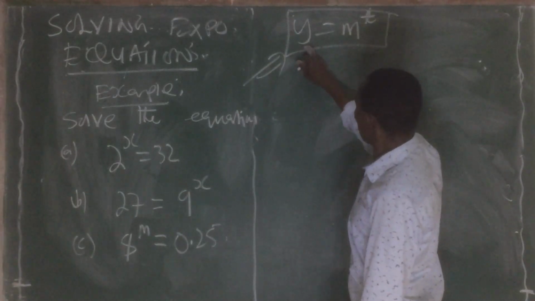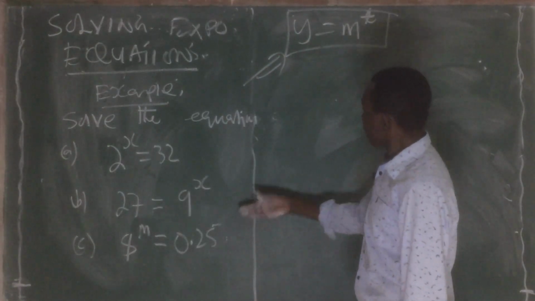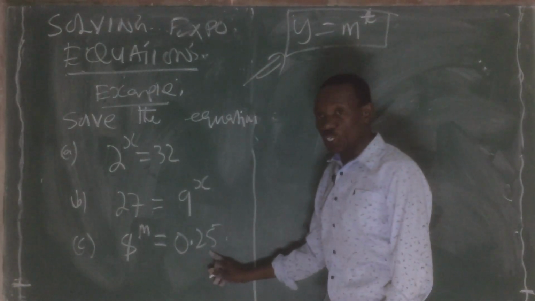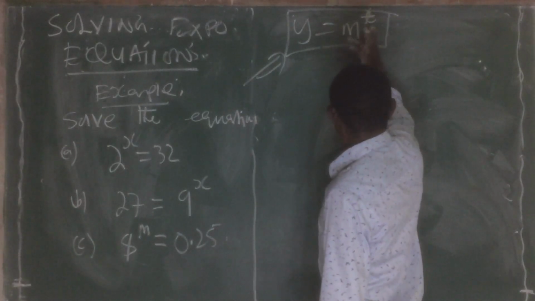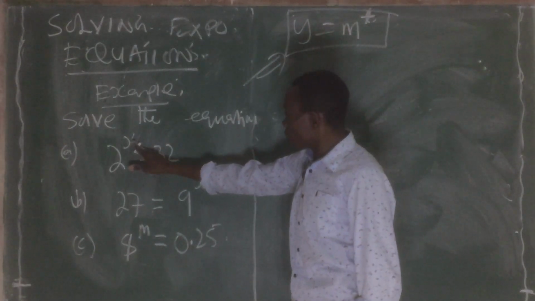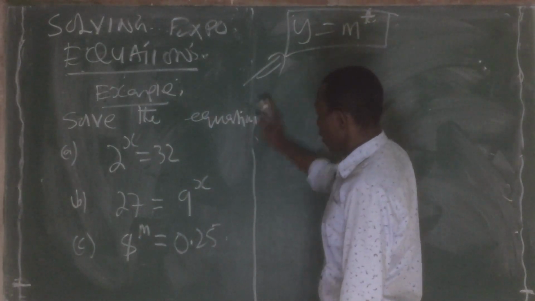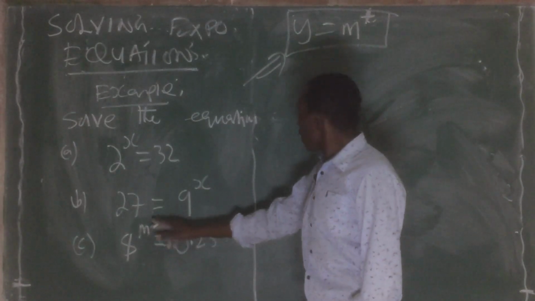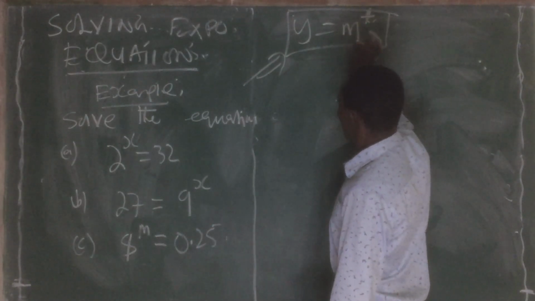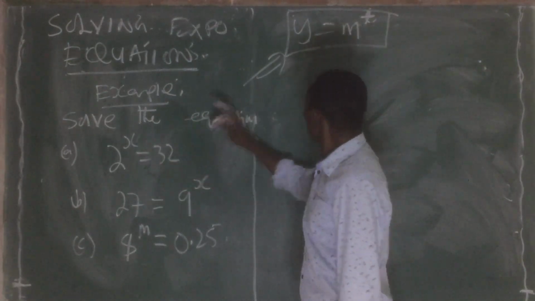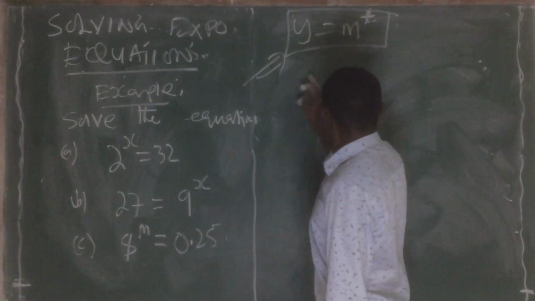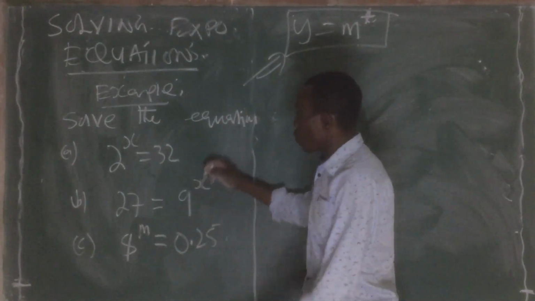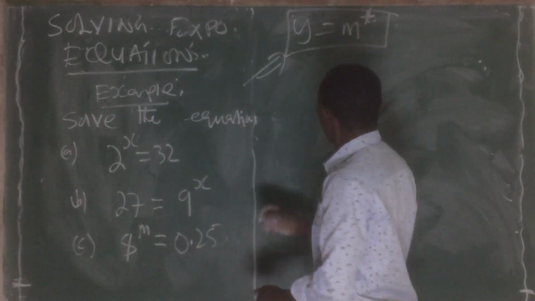In the second, y is 27. In the third, y is 0.25. The exponent t in this case is presented as x. The m here is just like a base. The base here is 2, the base here is 9, and the base here is 3. So all these are exponential equations.